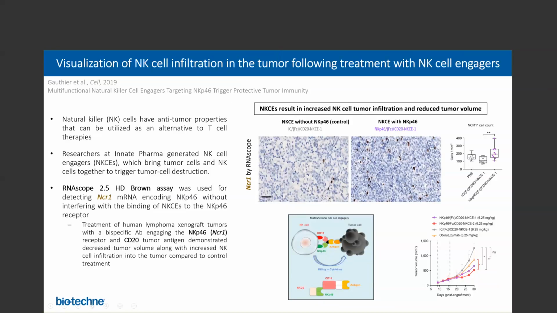If you focus on the bottom right-hand side panel, where you see the graph of tumor growth with the different treatments, you can see that when they used the bispecific antibody, the growth of the tumors was significantly retarded compared to that of the control treatment. So this helps them understand that their bispecific and trispecific NK cell engagers were in fact successful in recruiting more NK cells to the tumors. Next, please.